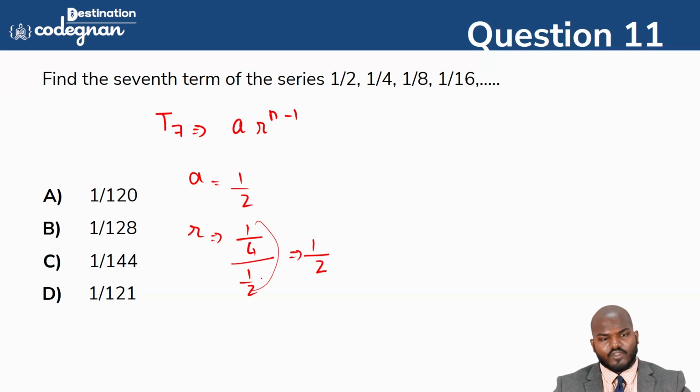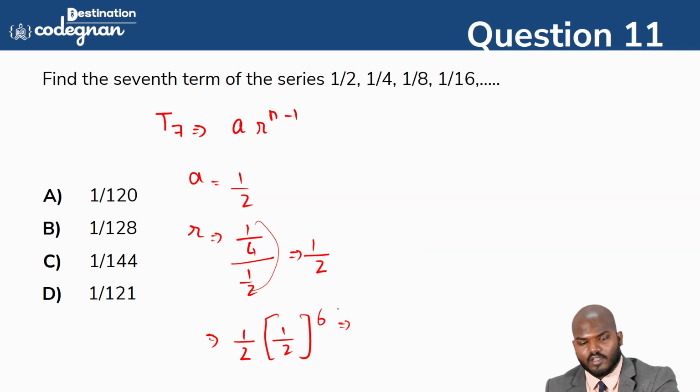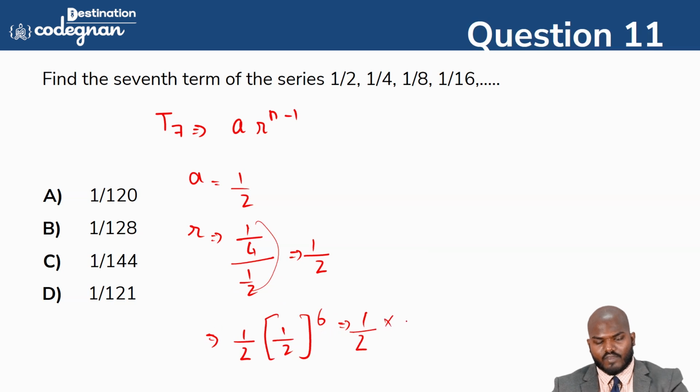So done. Now they are asking for the 7th term. The formula: a is 1 by 2, r is 1 by 2 again, and n is 7 minus 1, which is 6. So that is 1 by 2 to the power 6, and 2 times 7 gives 1 over 128, because the 6 is there.